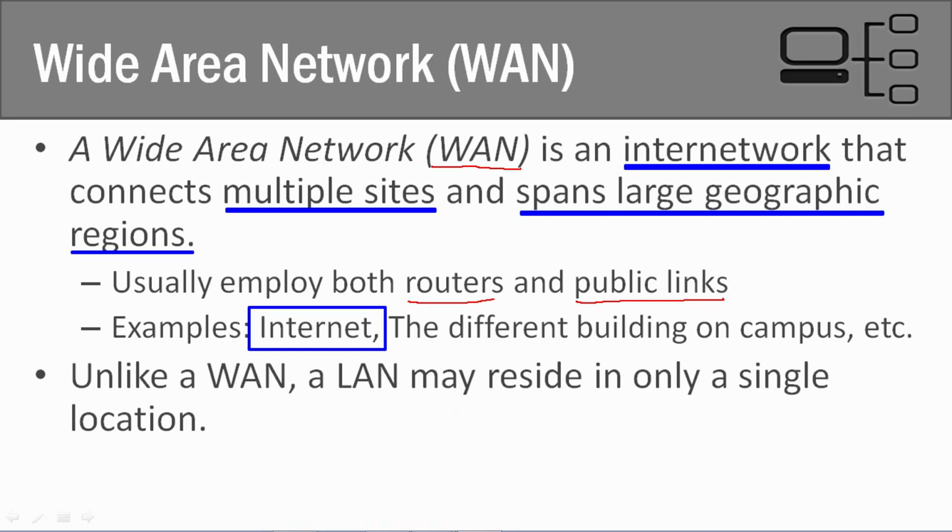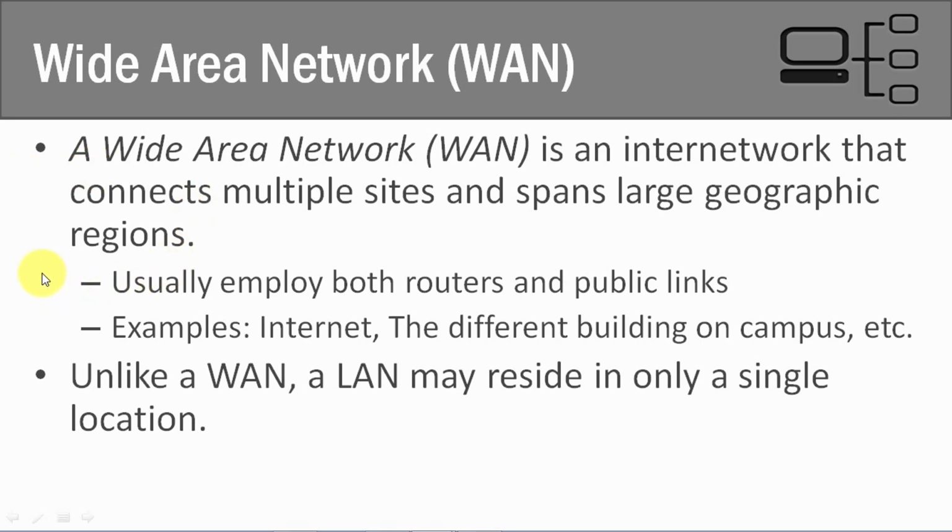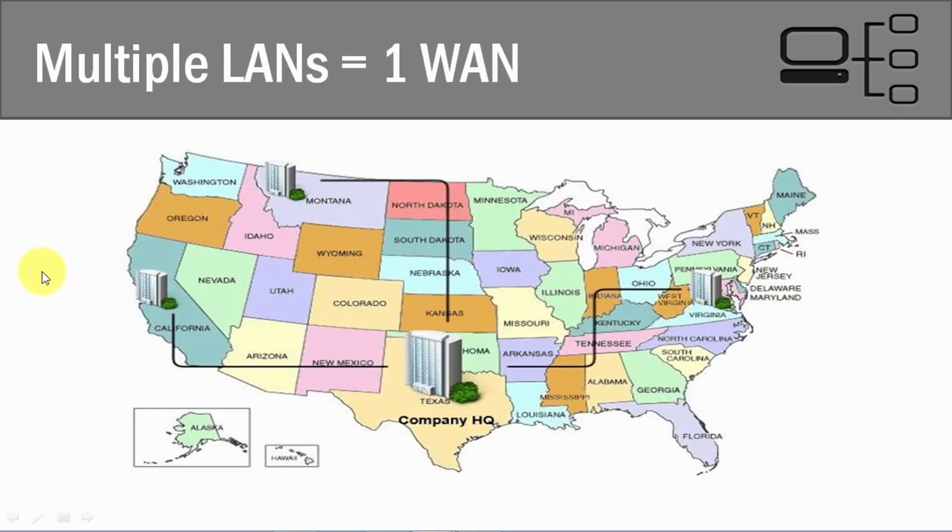So let's go ahead and look at a couple of diagrams. Hopefully this first one helps bring this all into fruition and makes it stick in your head. In this example, we have multiple office buildings across the United States that we're trying to connect together so they communicate.